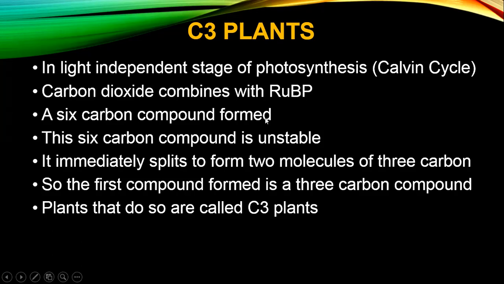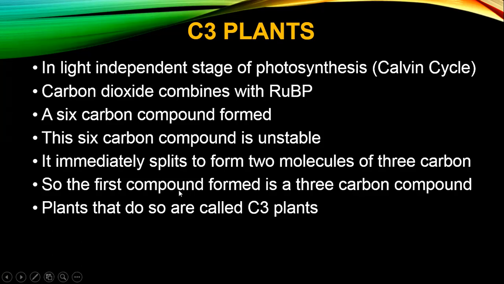But this 6 carbon compound is highly unstable, so as soon as it is formed, it immediately splits to form two molecules of a 3 carbon compound. So in the Calvin cycle, as far as the number of carbons is concerned, the very first compound to be considered is this 3 carbon compound, glycerate 3 phosphate.